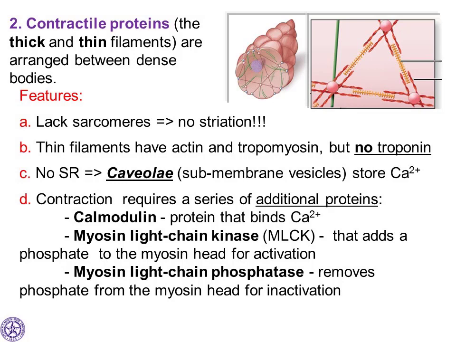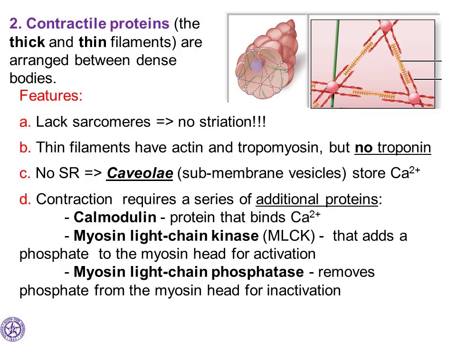Tropomyosin is not blocking the myosin binding sites on actin. Tropomyosin in smooth muscle is simply a structural protein. It's not regulating anything in smooth muscle. So as far as contraction relaxation goes, tropomyosin may as well not even be there.